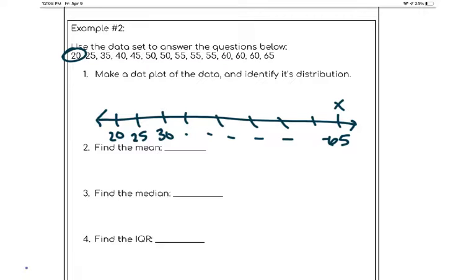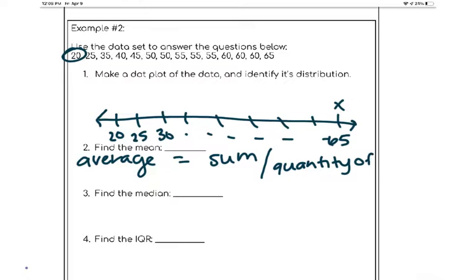Okay. Finding the mean. Remember, to find the mean, you're taking an average. So that's going to be the sum of all your numbers divided by the quantity of numbers that you have. Okay, finding the median, remember you're going to put them in order from least to greatest and then find the middle.